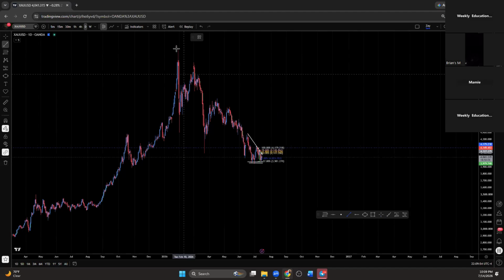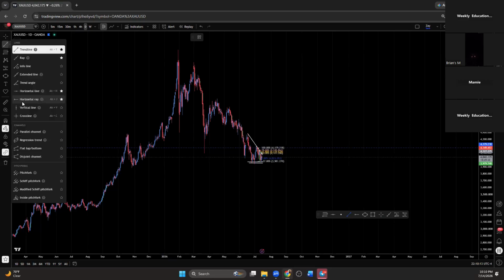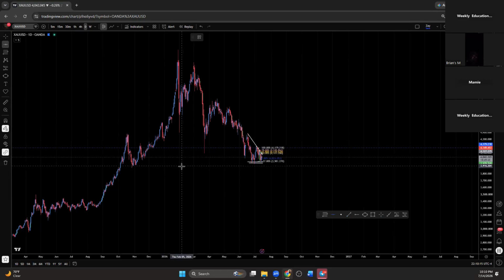You can see you have a high here, this low, this lower high, this lower low, lower high, and then you've been getting all these lower lows. So gold has pretty much been trending down for a while since the beginning of January. So I'm pretty sure it's safe to say that gold is kind of bearish at this moment, right?